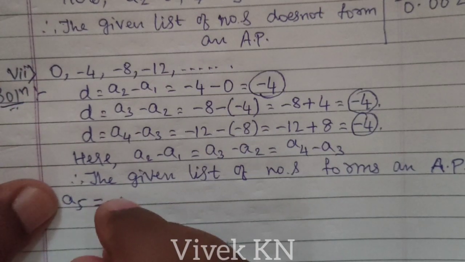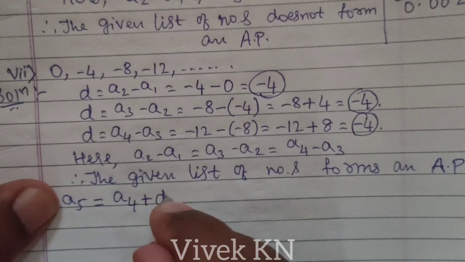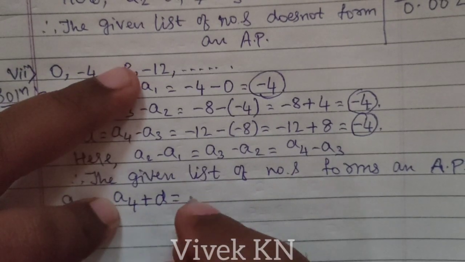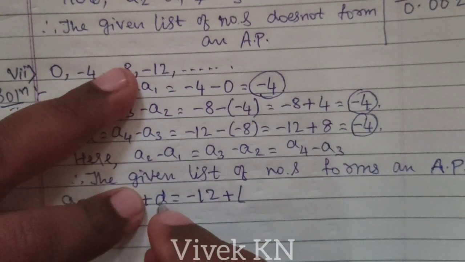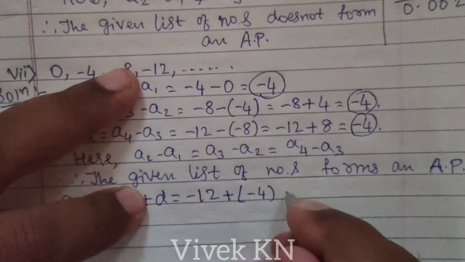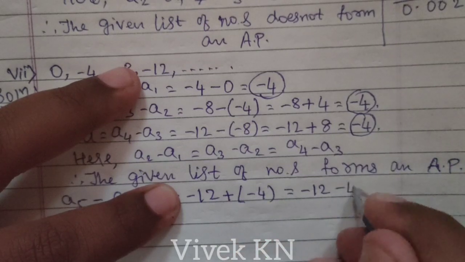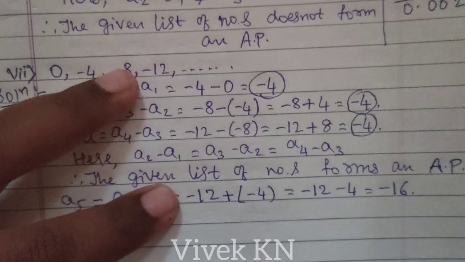Fifth term is obtained by adding common difference to the fourth term. What is the value of a4? Minus 12 plus value of d, which is minus 4, minus 12 plus minus 4, adding these two terms we get minus 16.